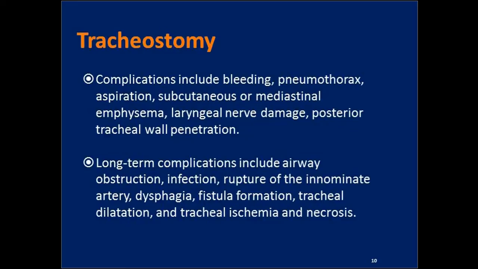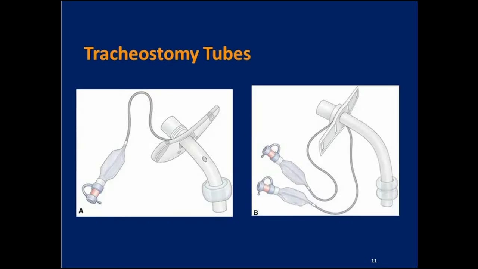But the more air we put in the cuff, the more the trachea dilates, so it's kind of a vicious cycle. But we have to do what we have to do to keep it in place. And over time, if it's overinflated, it can cause ischemia and necrosis of those tissues. Those are all things you would definitely want to assess for in a patient who has a tracheostomy.